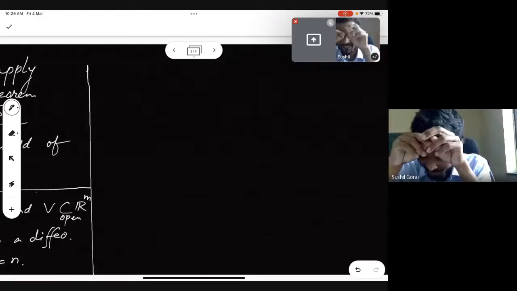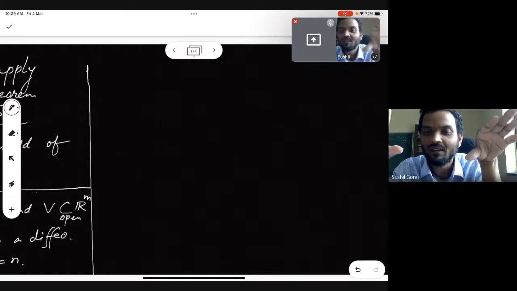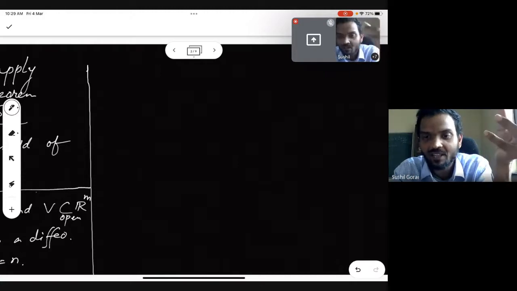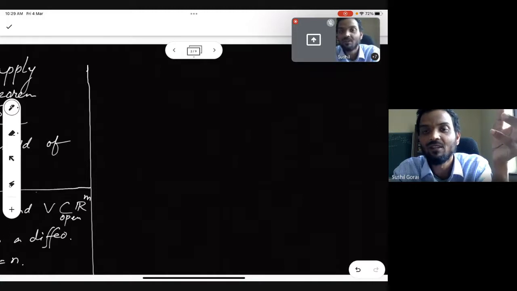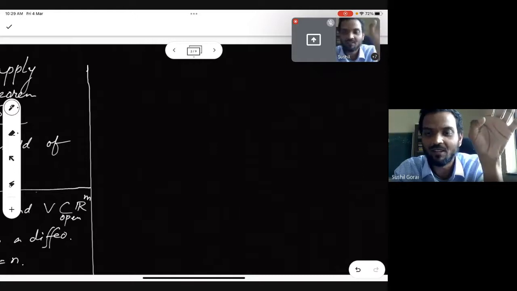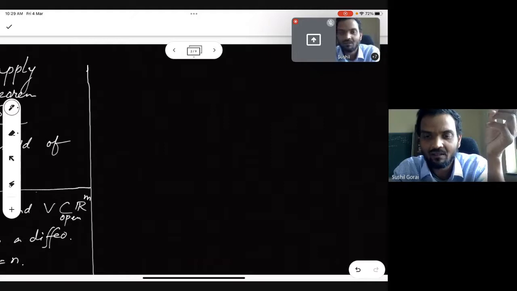Yeah. So this is a simple differential geometric argument, but it needs a diffeomorphism. A topological argument does not actually need a diffeomorphism. A homeomorphism is good enough. So using homology, one can prove that if two such open subsets are homeomorphic, then the dimension m has to be equal to n.